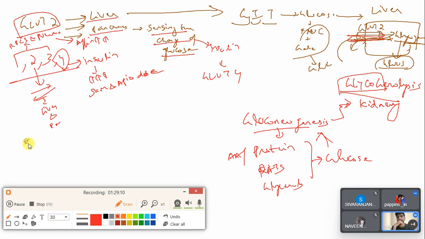Okay, now we have come down to 5 and 7. Gluconeogenesis also occurs in the liver as well. There is one more organ as well. I don't know whether it's the spleen, I don't remember. I think it's the spleen.